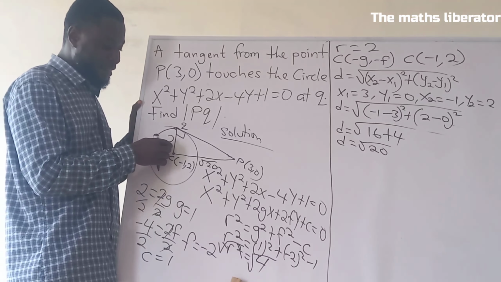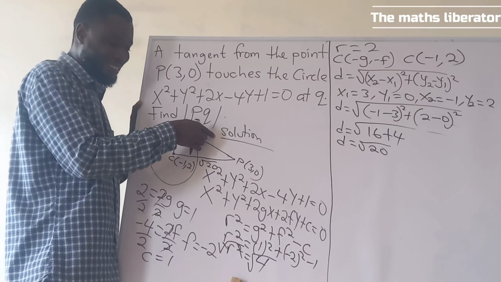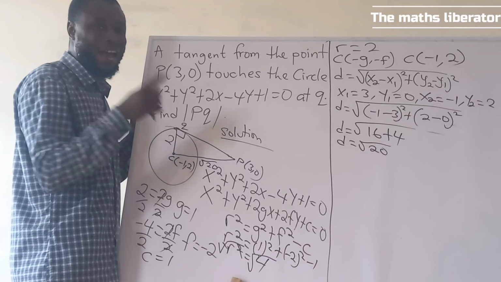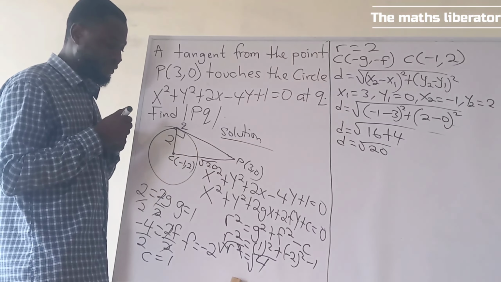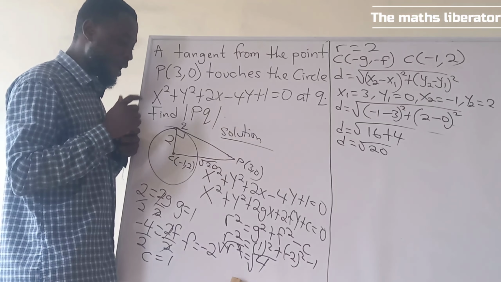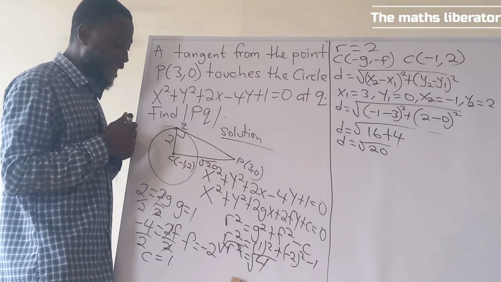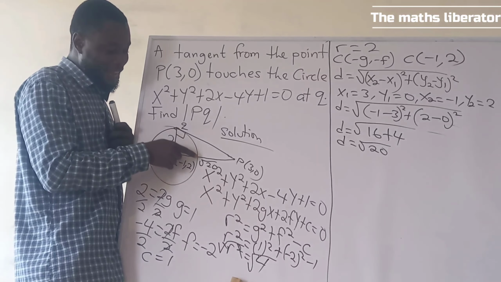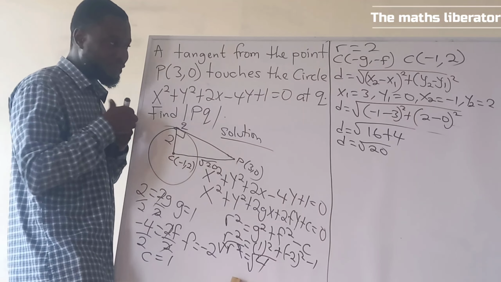So I've gotten the radius and I've gotten this distance. Then I can get the length of the tangent, length PQ, by using Pythagoras theorem. We square the hypotenuse and equate it to the sum of the squares of the two other sides. The length opposite the right angle is always your hypotenuse.